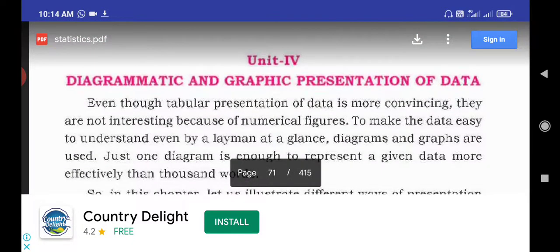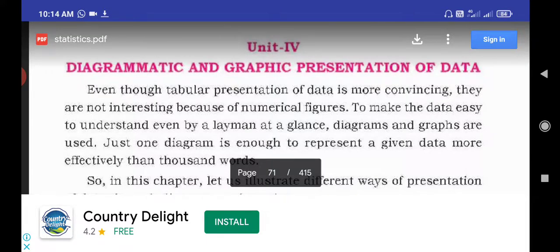Okay students, this is the concept of diagrammatic and graphic presentation. Once again I will repeat, diagrammatic and graphical presentation is very useful for easy understanding by a layman at a glance. Diagrams and graphs are very attractive.